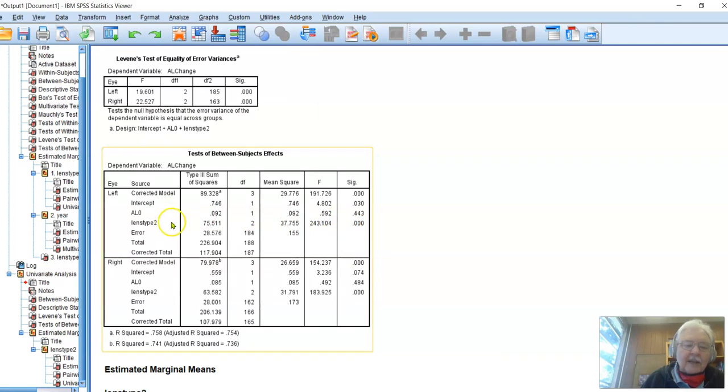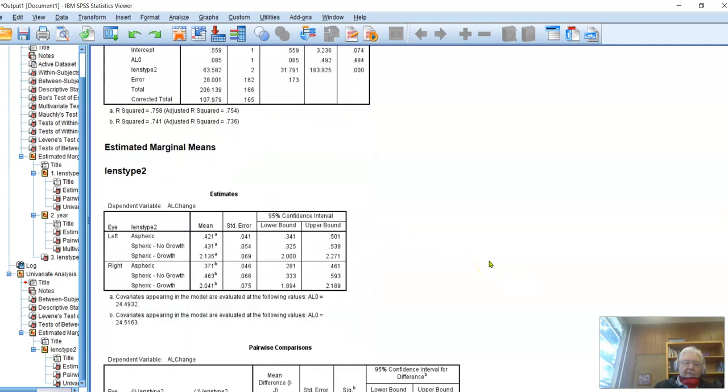And we come down here and we see that actually axial length 0, the covariate, was not significant. So technically we could drop this from our equation. You should still put it in. If it is significant, keep it. If it's not significant, take it out. And we note that lens type 2 has a significant difference again.